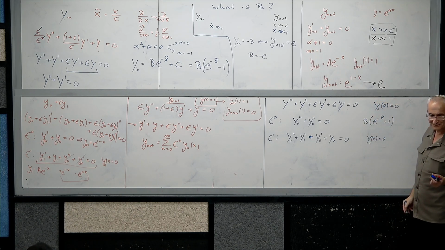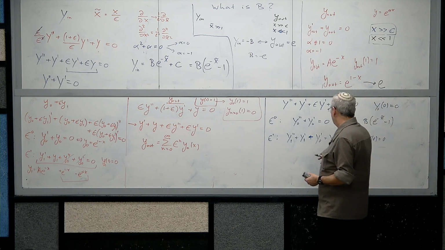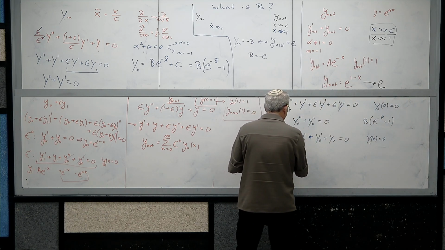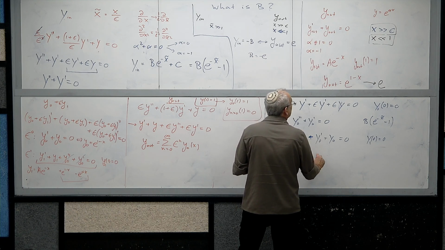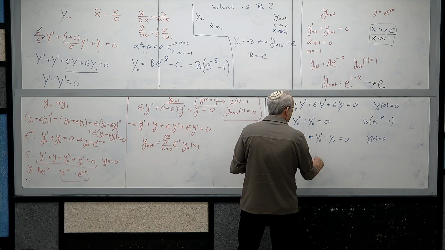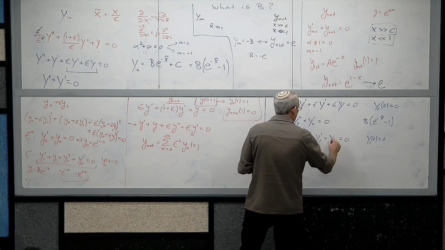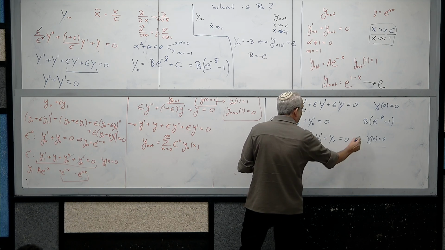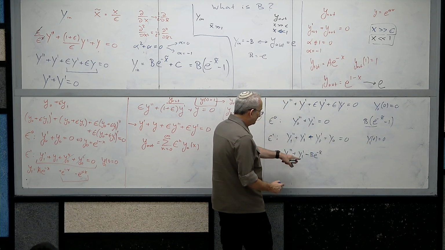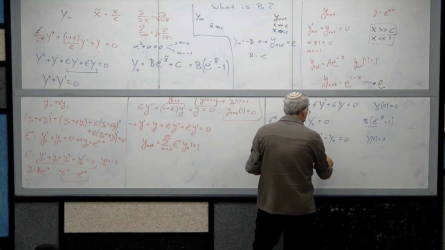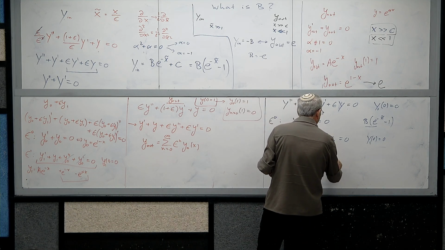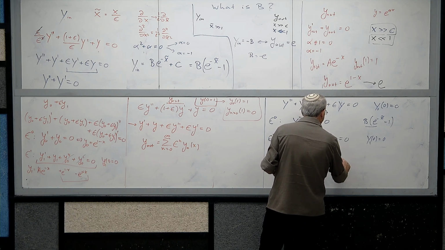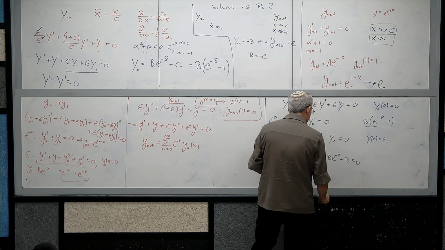All the y's are 0 at the boundary, so what we have is y1 double prime plus y1 prime plus minus b e to the minus x tilde, with a minus because I took the derivative, plus b e to the minus x tilde, minus b, is 0.